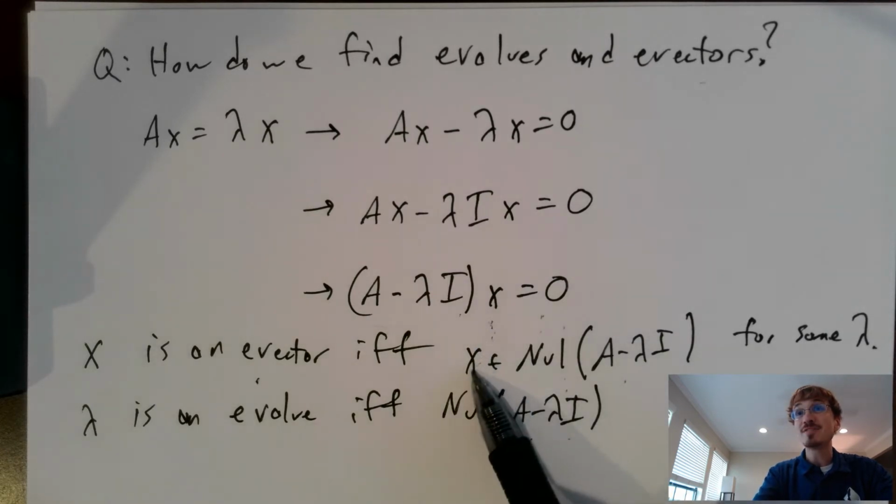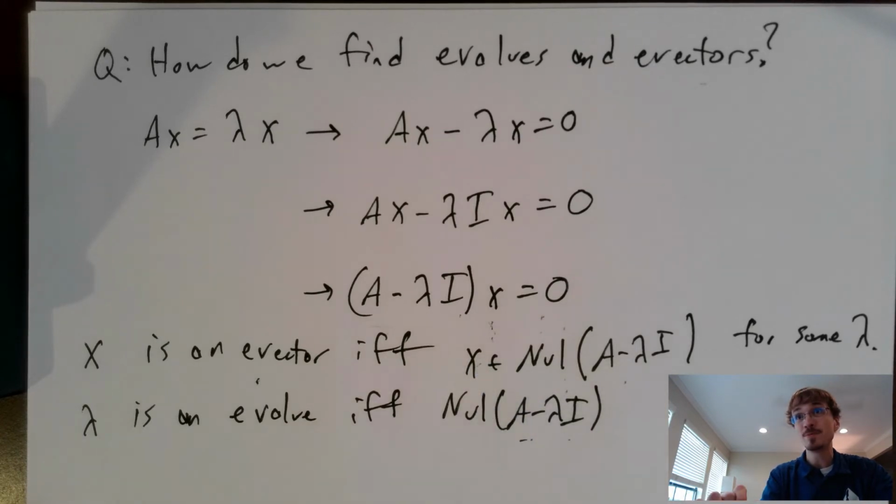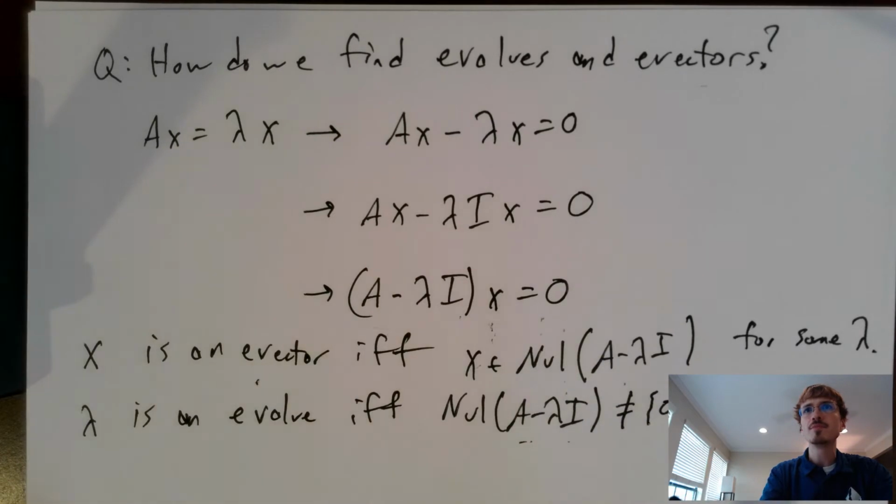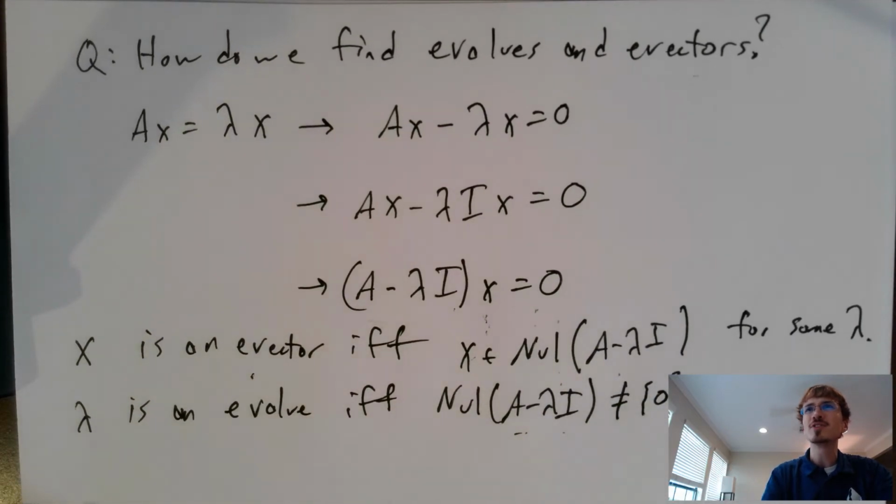Well, I know it has to have something in it. And what do we know about x? x is not 0. So if x lives in the null space, then the null space has to be something more than just the 0 vector. So we have an eigenvalue if and only if this null space has something besides the 0 vector.